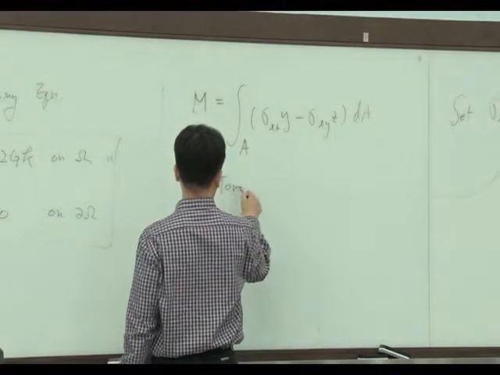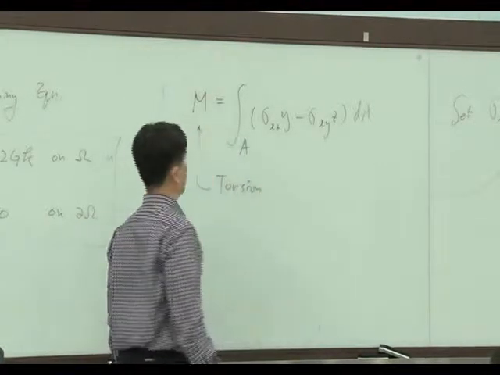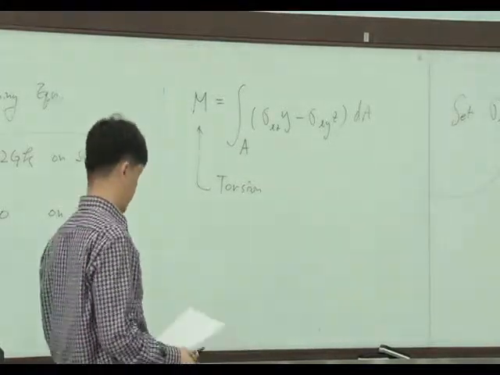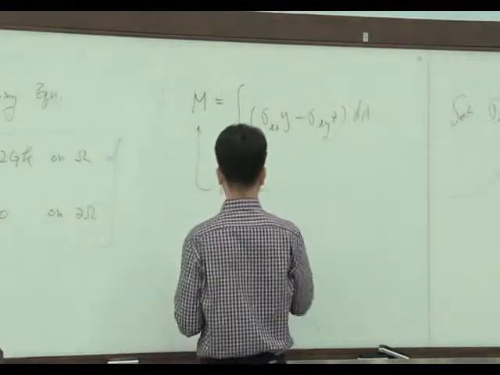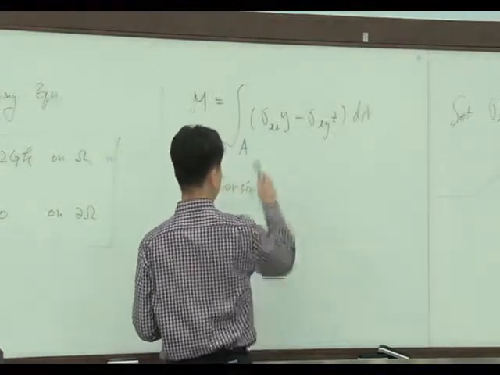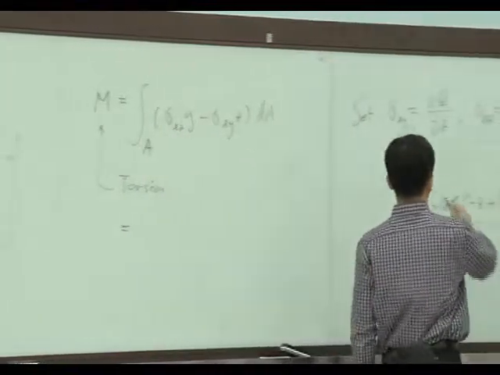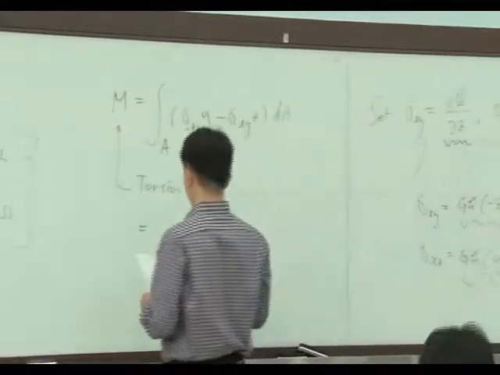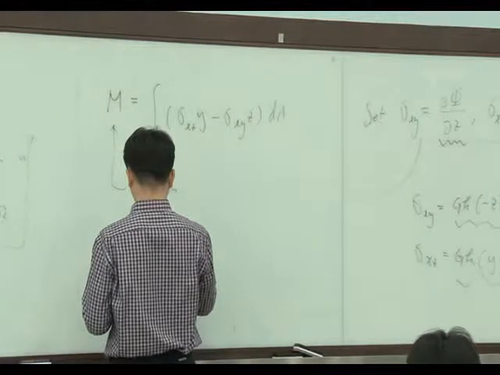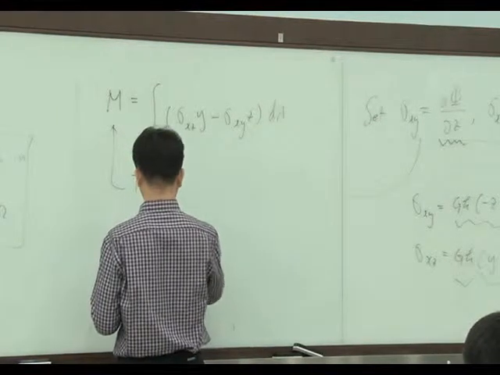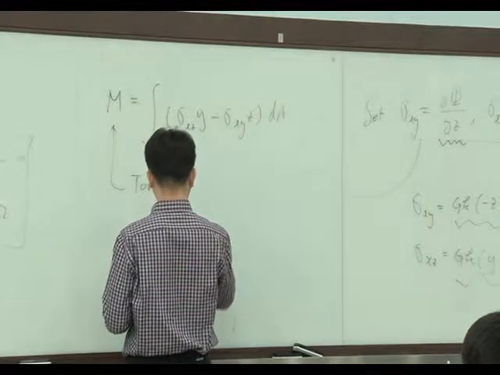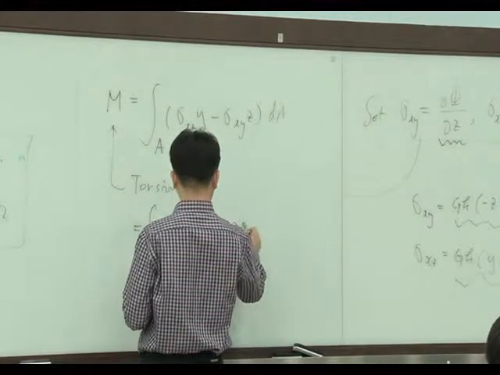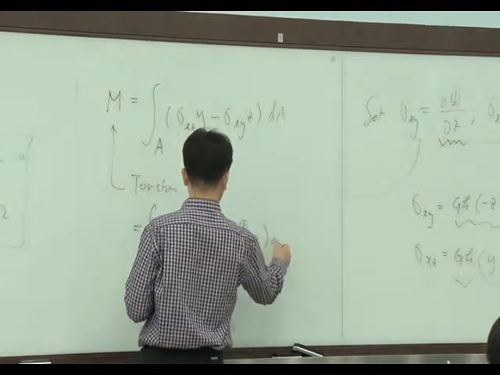So let's just torsion. Torsion can be calculated by integration of stress. And this become, let's put the Prandtl stress function, then become A, okay, and minus y minus g y g dA, right?